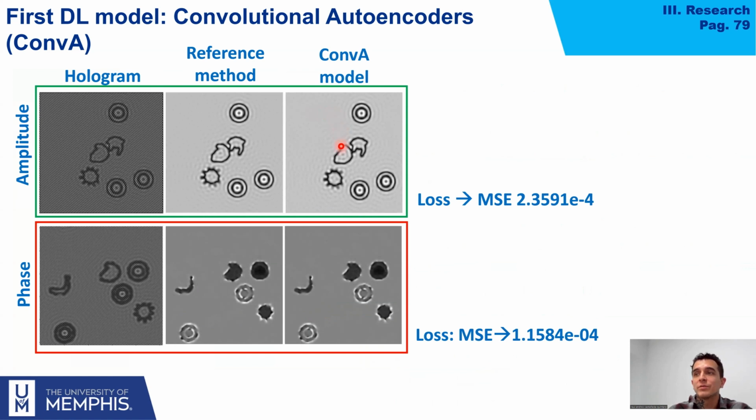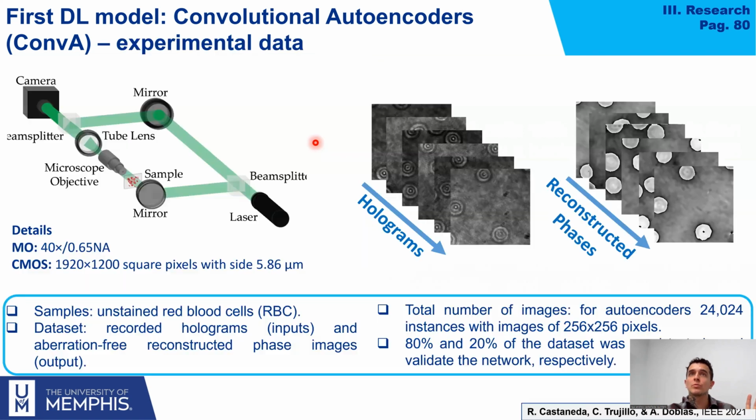We notice that the mean square error between the images obtained by the reference method and the convolutional method is almost zero. Almost zero means that our model has the capability to retrieve phase and amplitude information with almost the same values as the reference method. So we say, okay, this is a good outcome.